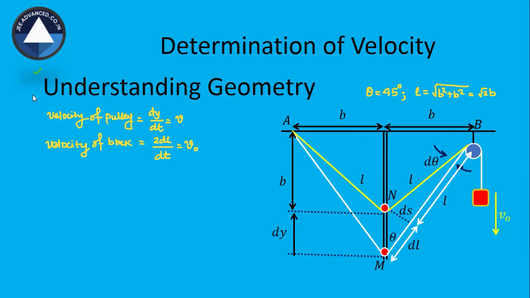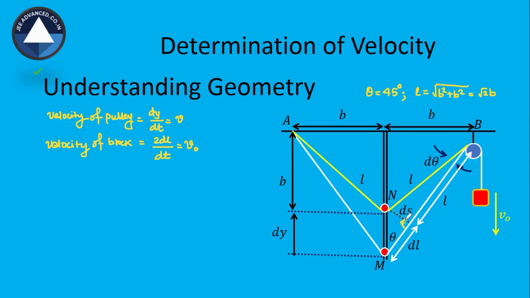And now come to the third part. The third part is the relation between dy and dl. To relate dy and dl, focus on this part of the diagram that I am highlighting. In this part, you can see that this distance is equal to dl, and this distance is equal to dy, and this ds is a perpendicular between this L and this L. This is a right angle triangle.